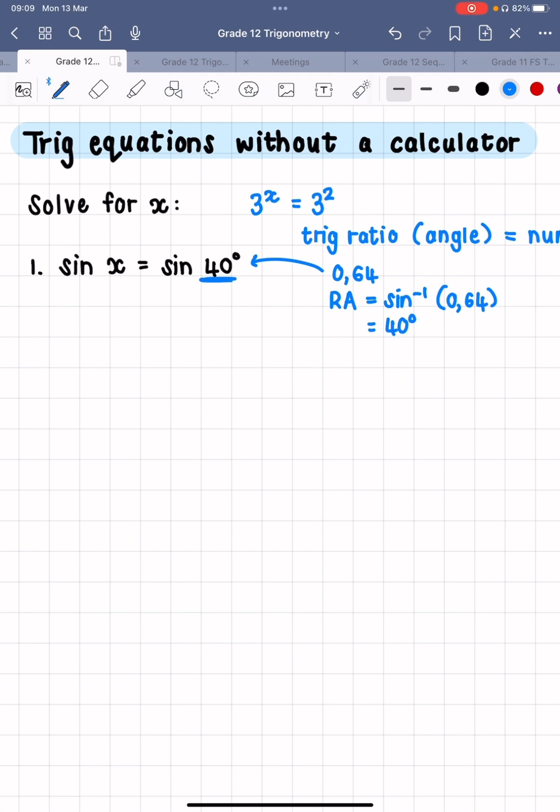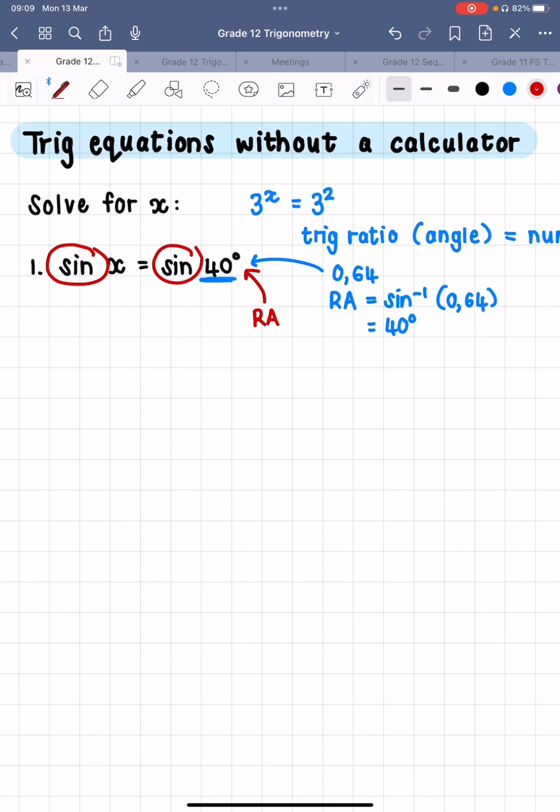So, guys, when an equation is written like this, where you have sine of an angle equal to sine of another angle, so these two trig ratios have to be the same, then the second angle is actually the reference angle. That 40 degrees there is the reference angle, which on Friday we had to calculate using kind of this method.